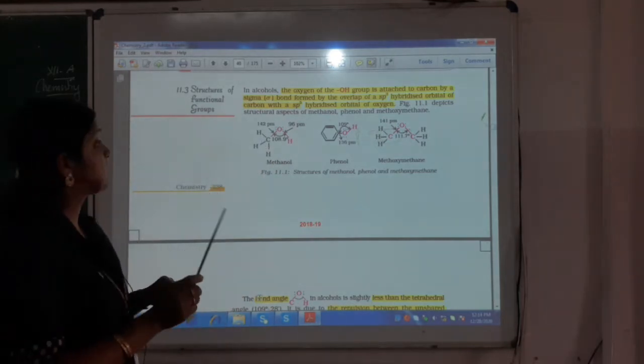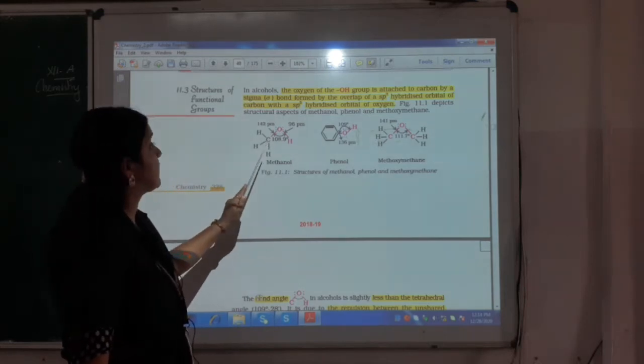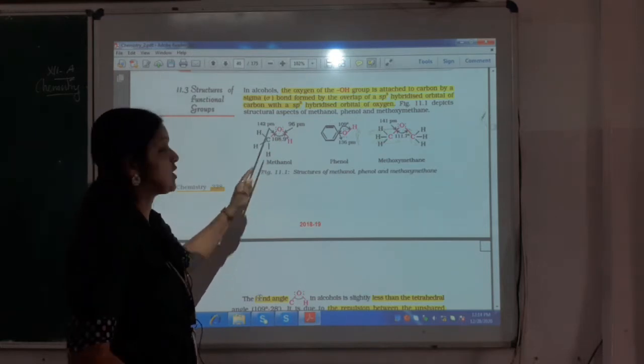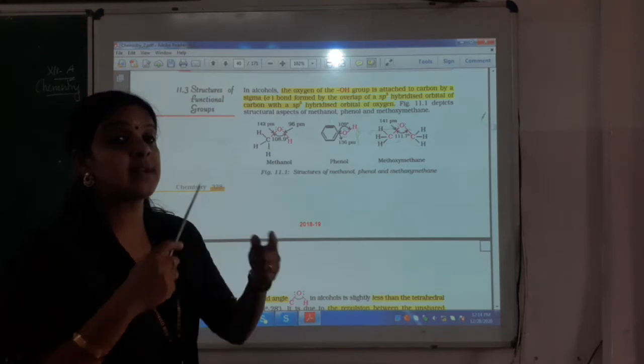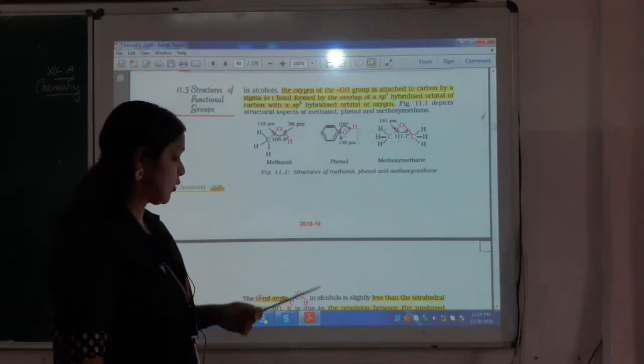It is formed by an overlap of the sp3 hybridized orbital of carbon with an sp3 hybridized orbital of oxygen. Both carbon and oxygen sp3 hybridized orbitals will be overlapping in the case of alcohol.